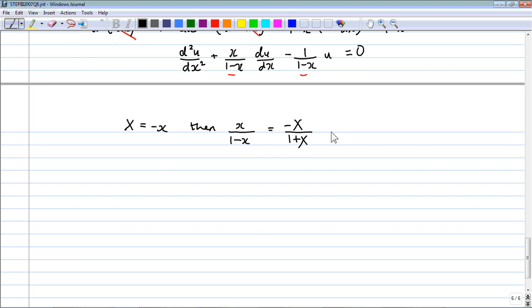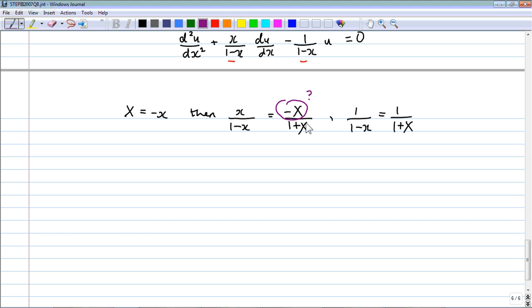And of course 1 over 1 minus x becomes 1 over 1 plus x. Now at first sight it might seem like that doesn't work, because you're thinking, well, the problem is that this x in the denominator here has got a minus sign attached. We don't want to change this sign. This plus sign is already correct. So is that a problem?